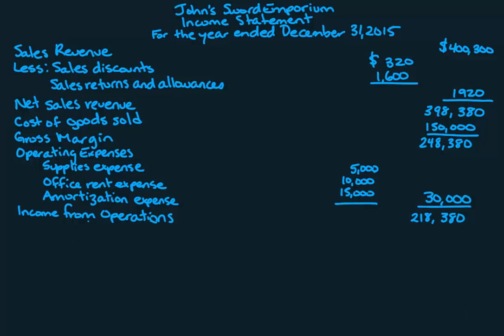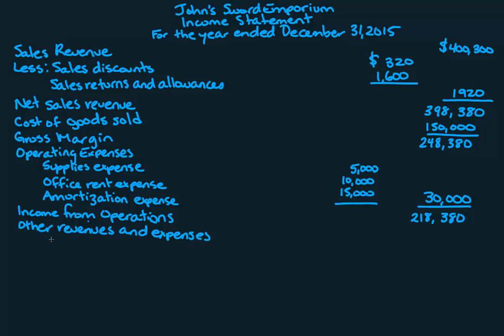And what goes below income from operations is other revenues and expenses. These are things that we earn or we incur, but they're not in the ordinary course of business. So for example, this company, John's Sword Emporium, has interest revenue. This revenue is probably from money sitting in a bank account, but earning interest on money is not John's main line of business.